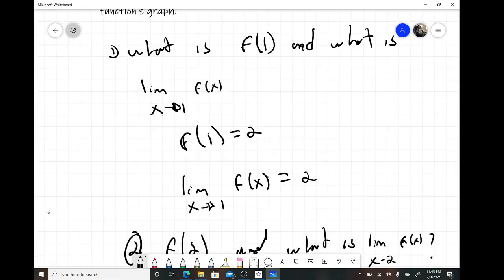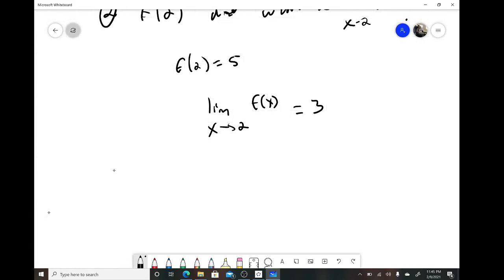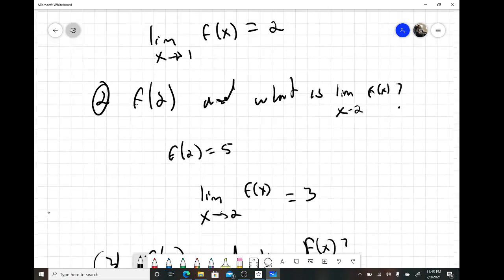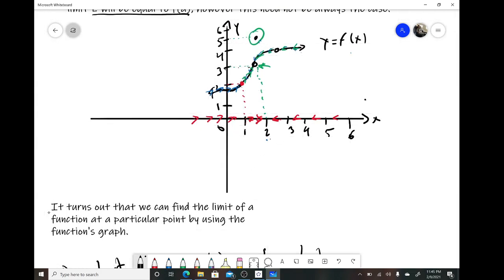Okay, so let's look at one more using this example. What is f of 3, and what is the limit as x approaches 3 of f? Well, for f of 3, if we go back and look at the function, just assume again that this is a straight line, even though clearly it's not. f of 3 has an open hole, and there's no other point that corresponds to it.